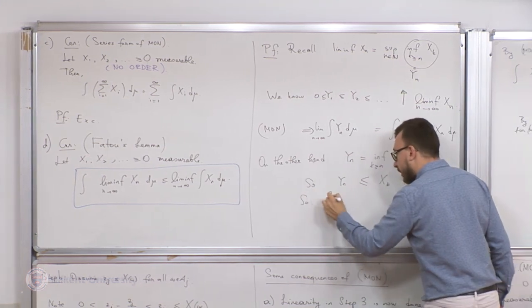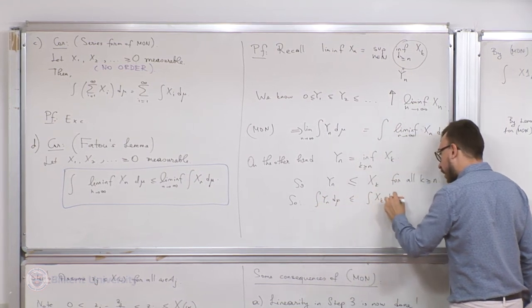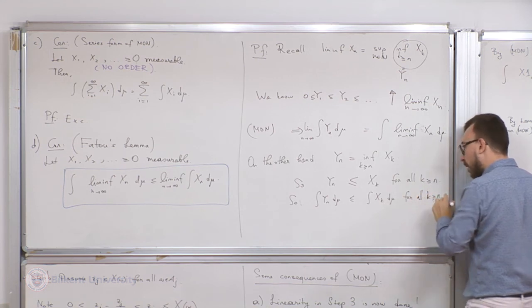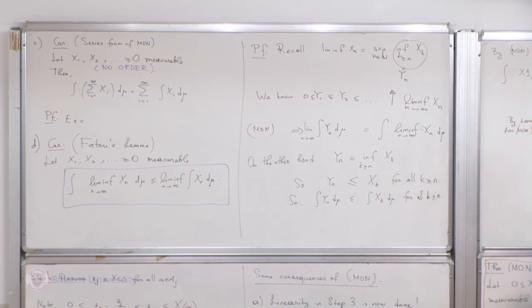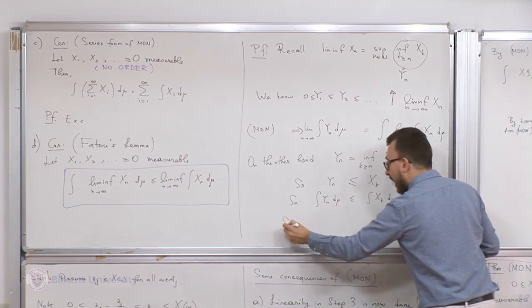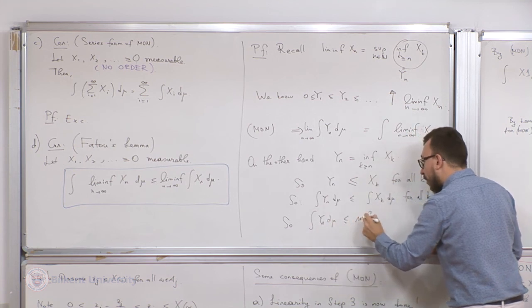So the same is true for integrals. Therefore, if this is true for all k greater than n, you can also write that the integral of yn d mu is less than the smallest of them.